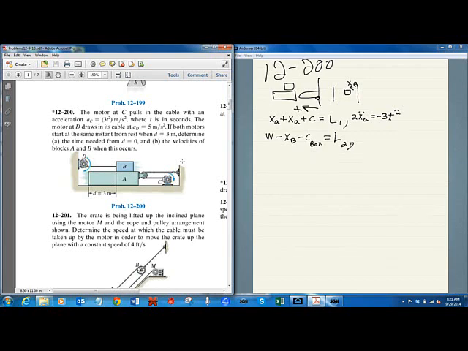Now, what are you going to do with it? I'm looking for acceleration, so I'm going to differentiate this twice. The constants disappear. The C box is the length of box B, yes? It's just a constant.